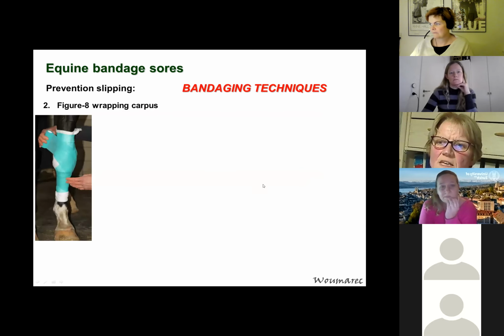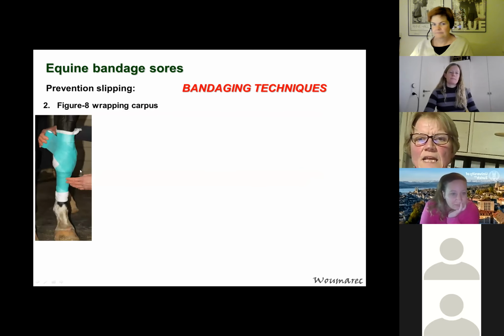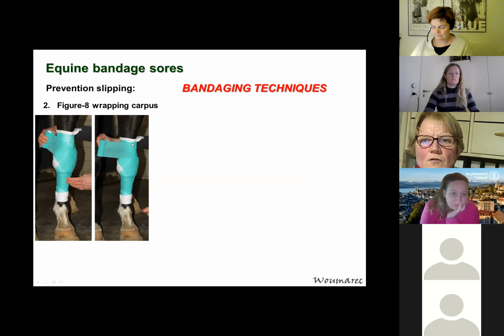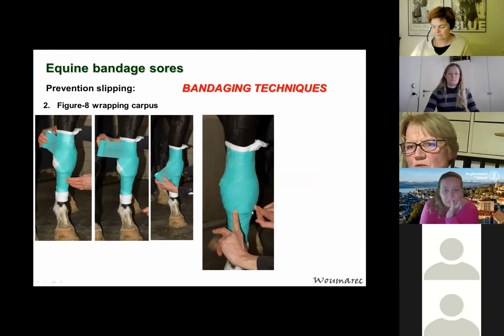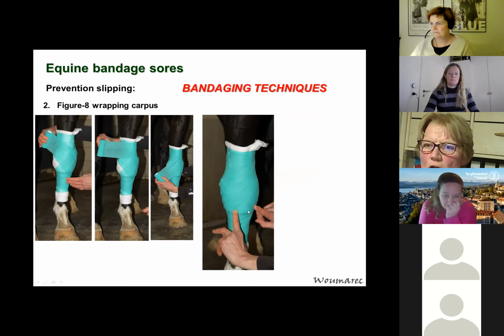Oh, sorry, and the other one is firm. And then you repeat this. So a non-extended, a loose one here, and a circular firm one here, and then you go back and again, and finally you have a bandage with the V-shaped form on the dorsal side of the carpus.